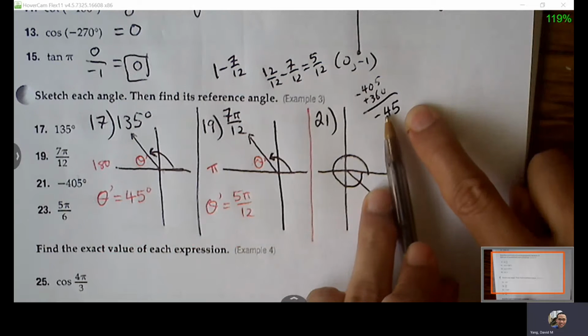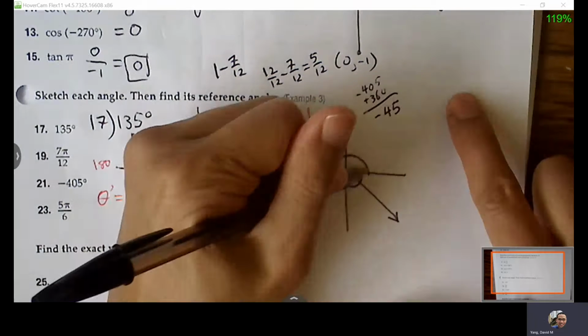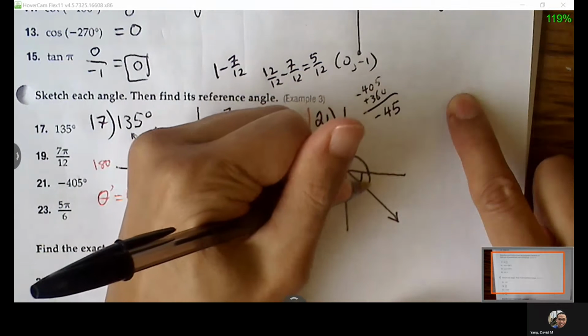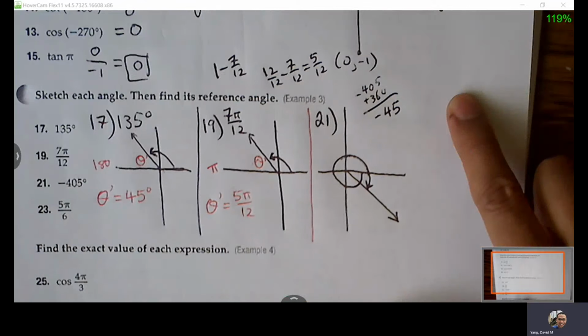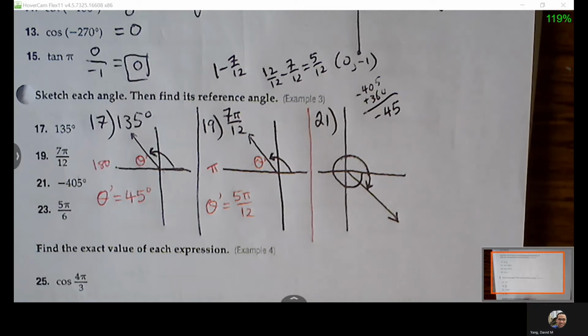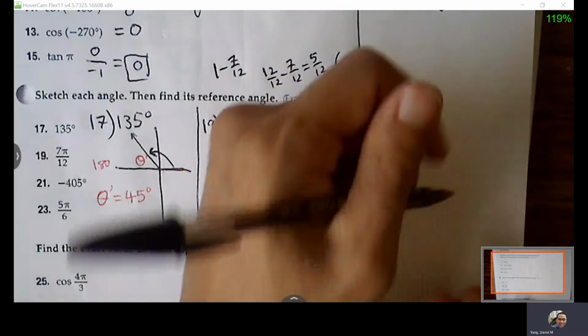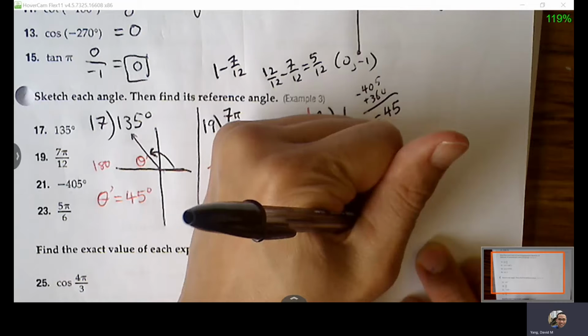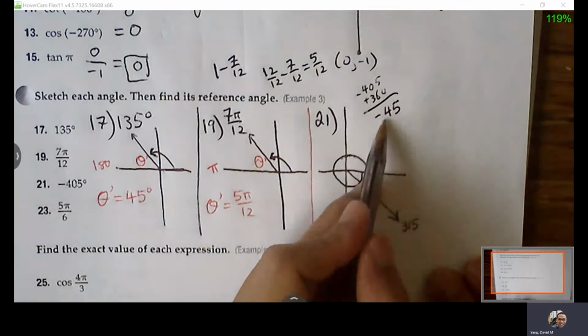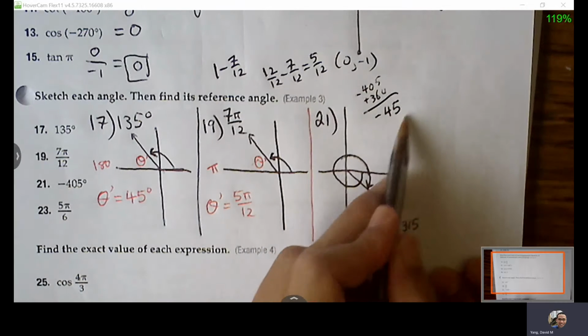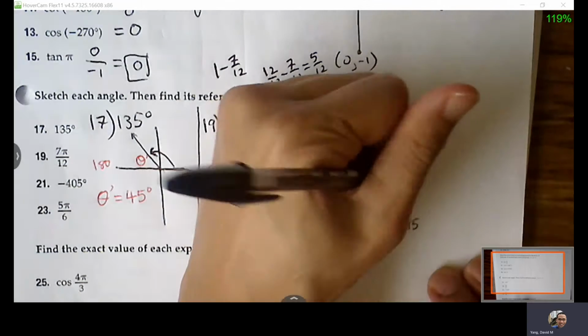And then we'll go a little bit more, negative 45. But ultimately, we know that this is 315. We know we're going negative 45, so that kind of gives it away, right? We know our reference angle must be.